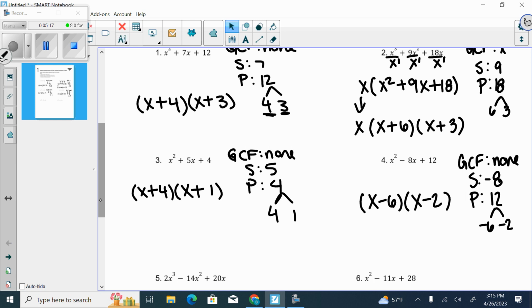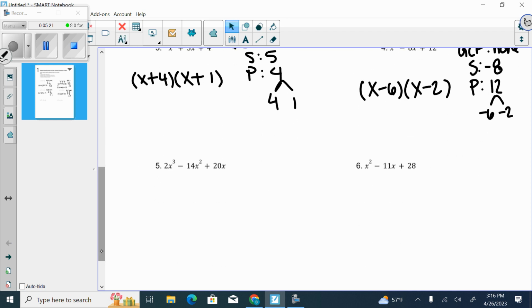All right. Number 5. Does number 5 have a GCF? True. 2x. Very good. All right, so that means we're going to go through and divide each one of these terms by 2x, right? Okay, remember we write down our GCF out in front. So bring that 2x out to the front. All right, so what is 2 divided by 2? 1.